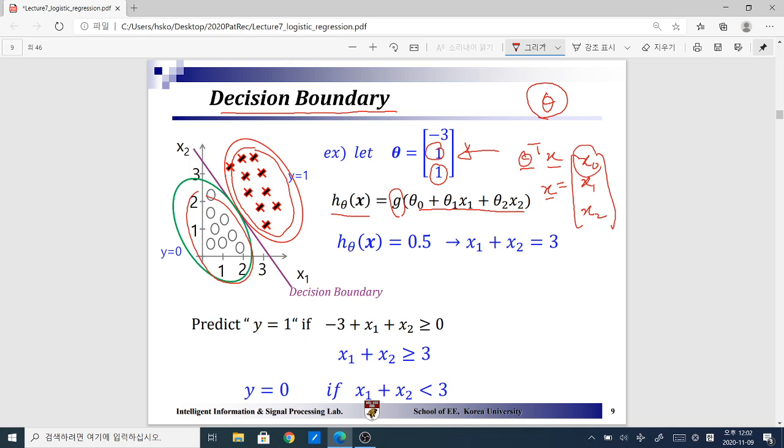And typically, we have said before that x0 should be just a bias equal to 1. So in that case, using this dot product, inside here, theta transposed x would be equal to theta 0 plus theta 1 x1 plus theta 2 x2.